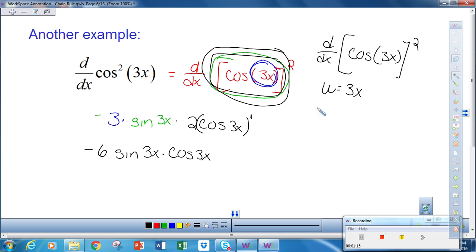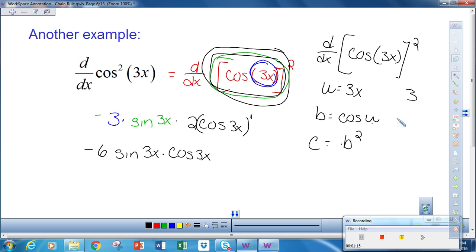Let's say b is equal to the cosine. So it would no longer be the cosine of 3x, it would be the cosine of u. And then c, let's let that equal b squared, because cosine 3x is now b. So what we're doing is taking the derivative of each of these. So the derivative of 3x is 3.